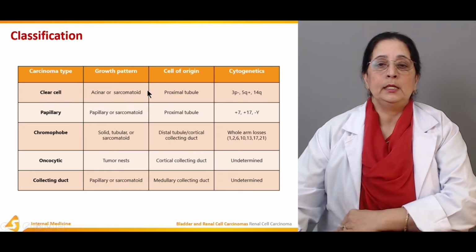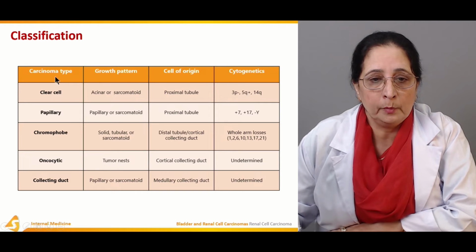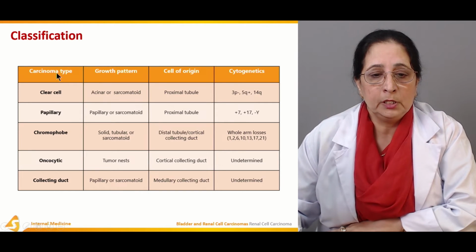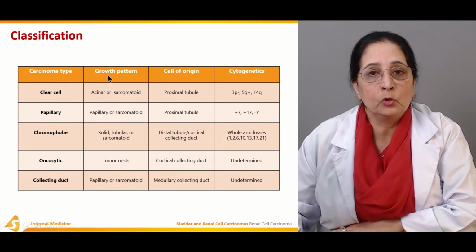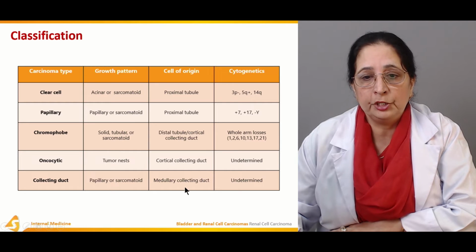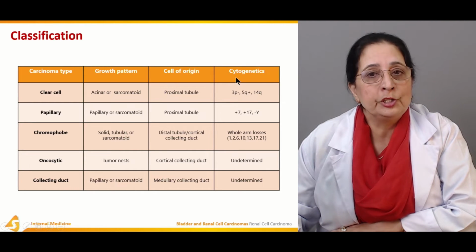Classification of renal cell carcinoma is according to the cell type present, growth pattern, cell of origin, and cytogenetics.